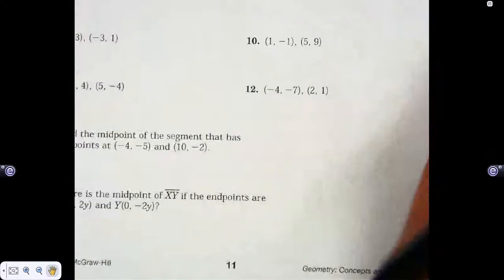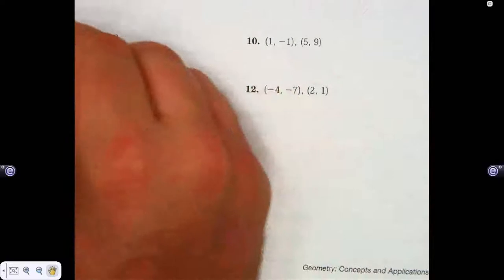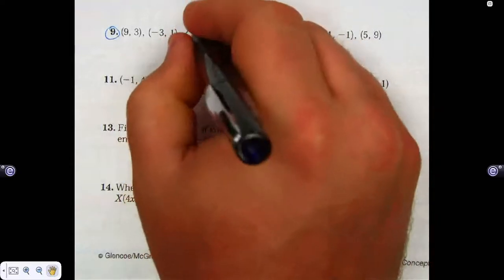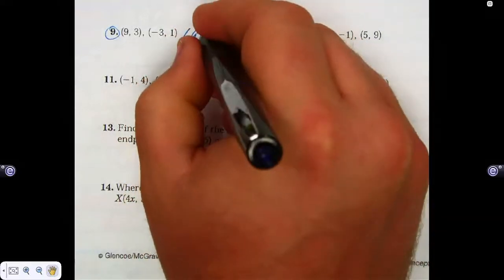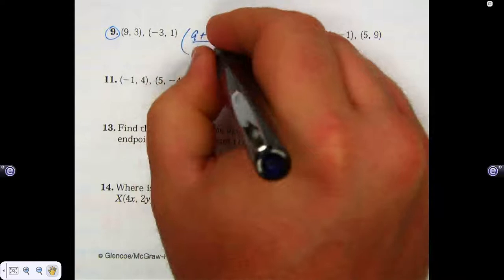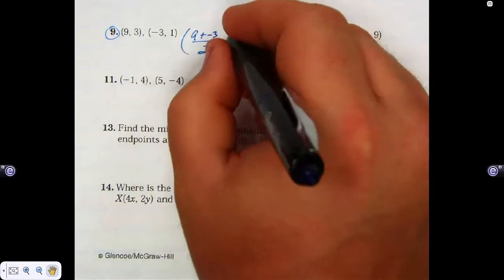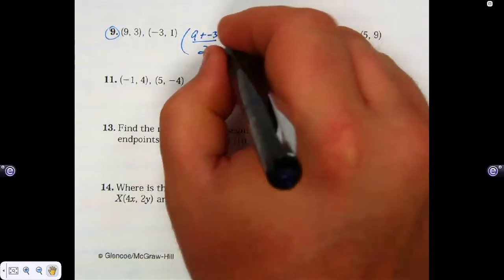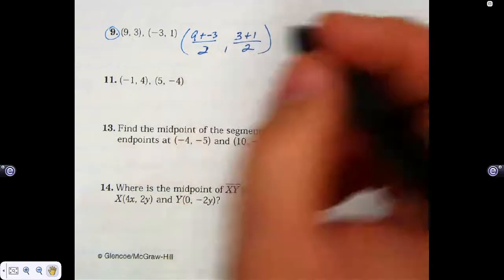Let's skip down here to number 9. I'm going to add my x's. My x's are 9 plus negative 3, divided by 2, comma, my y's are 3 plus 1, divided by 2.